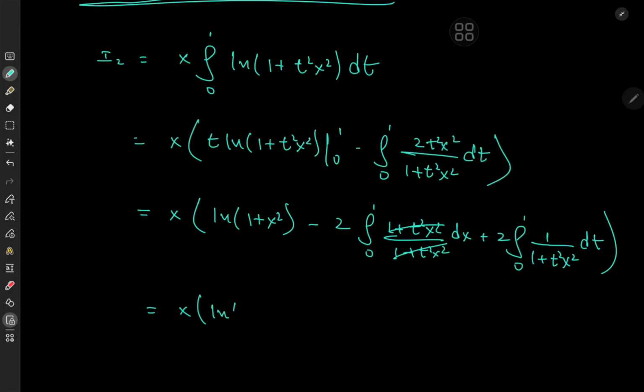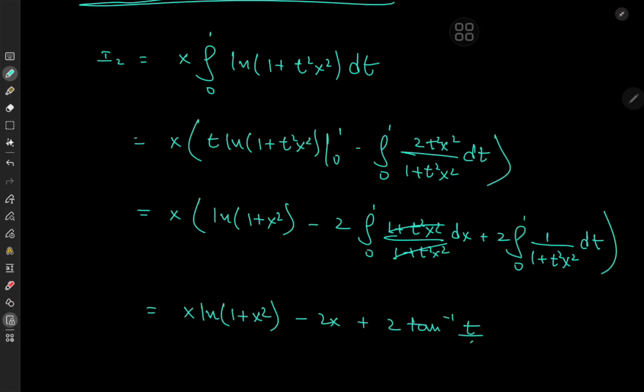So we have x times log of 1 plus x squared, or I could just expand now, x times log of 1 plus x squared minus 2x plus 2 times, what exactly? Integration with respect to t, so 2 over x times x is just canceling out. So we have 2 times the arctangent of what exactly?